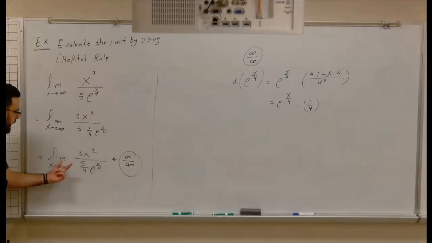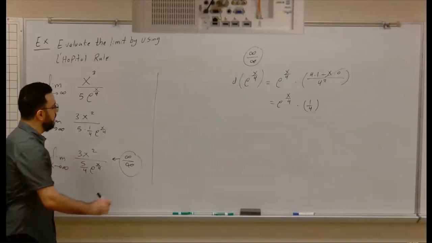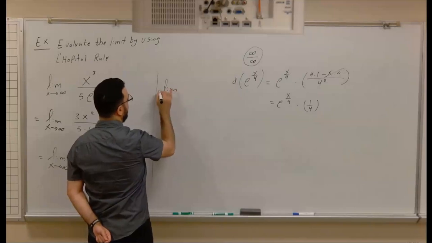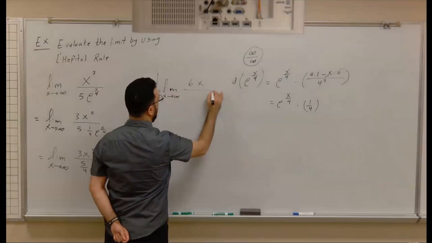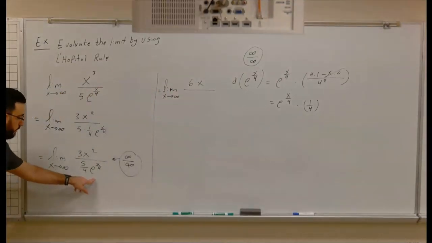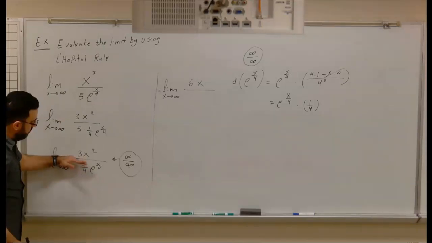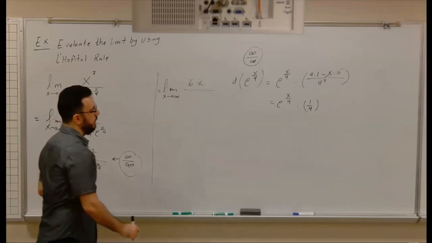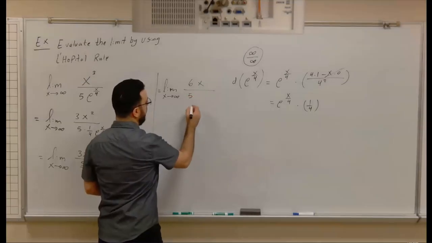L'Hopital's rule again, I'm going to take the derivative here. So it's going to be the limit when x approaches infinity of 6x over, again, you're going to take the derivative for this one. The derivative for this one, except the 5, is going to be 5 over 16. Or you can do it exactly, because here is the 5 over 4.